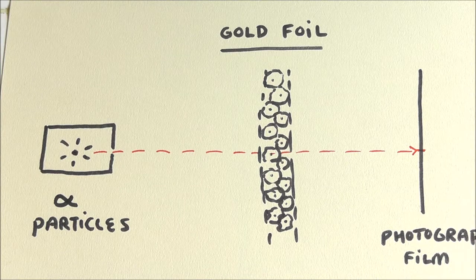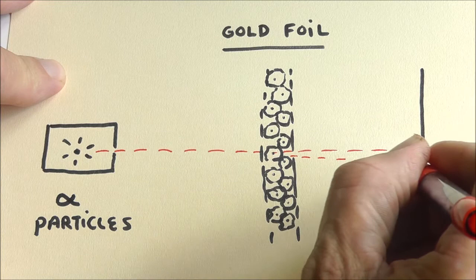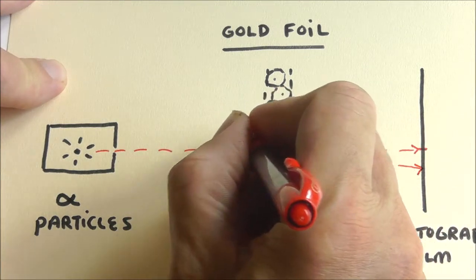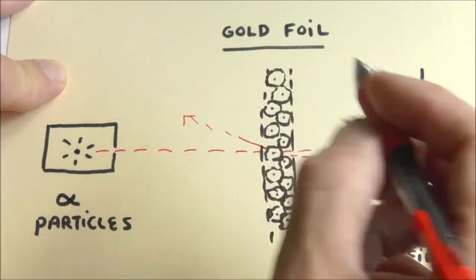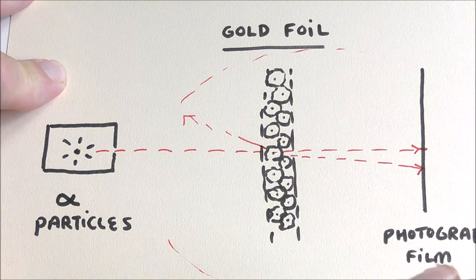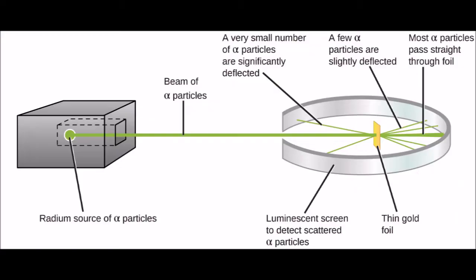So some went straight through. Some had their path altered slightly. Some just didn't get through at all, and it bounced right back. I think I should have drawn the foil all around, like a better picture that I probably should show you right now.